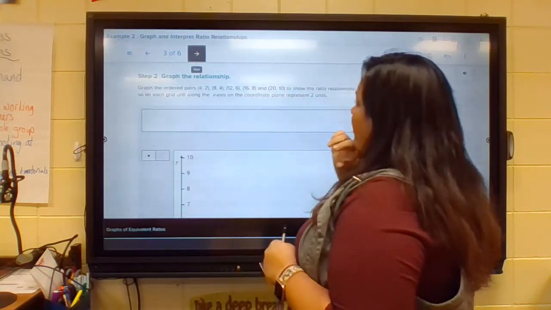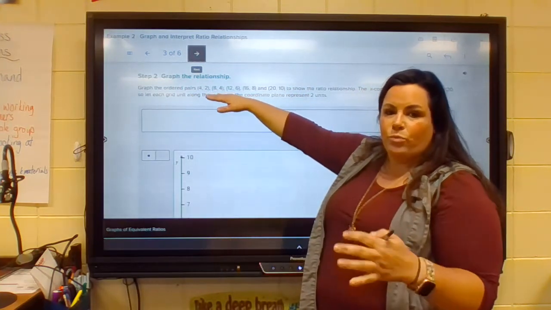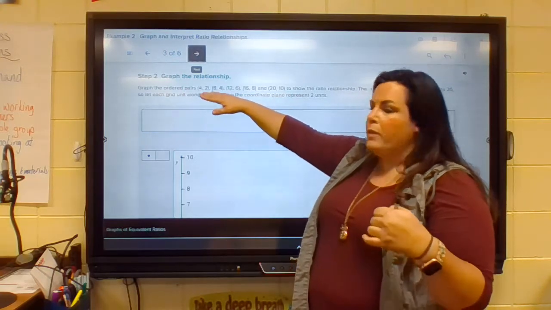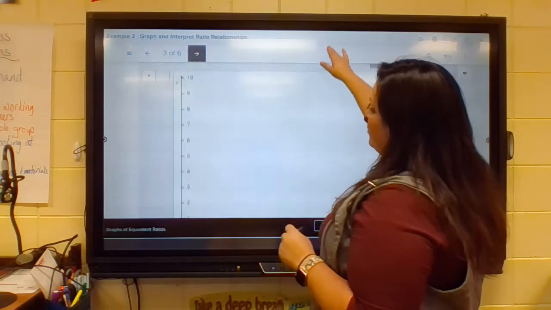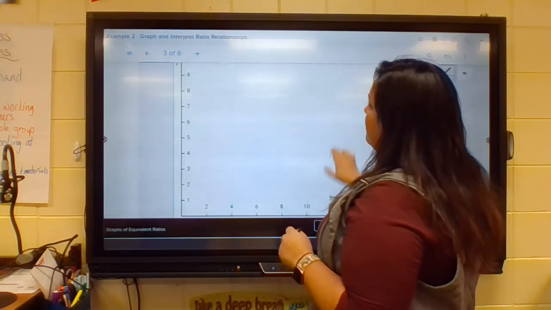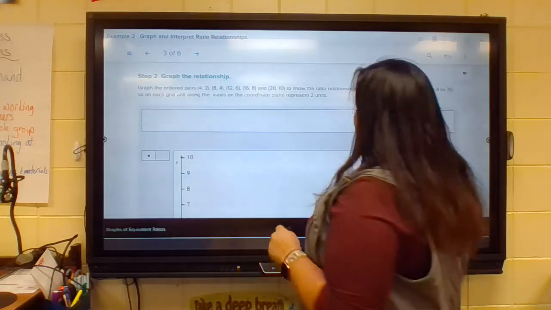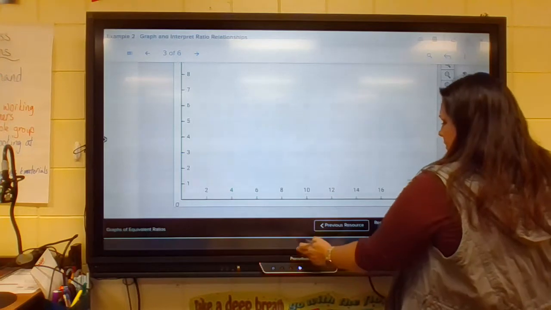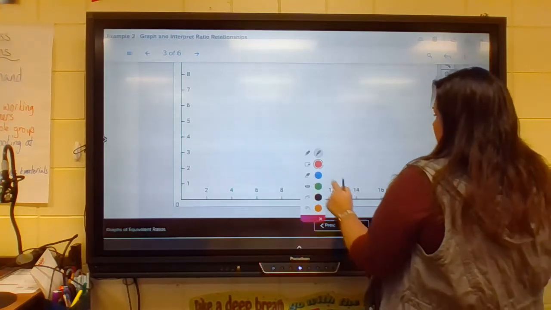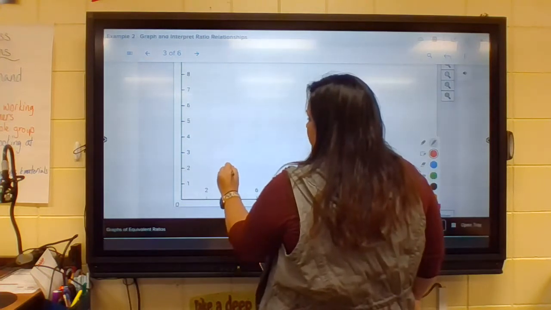Now we can go ahead and graph those. Using those ordered pairs that we just wrote from our table, we can graph it along our coordinate plane. So we start with, oops, let's go back. Here we go, 4, 2, and then 8, 4, right? I'm just going to use my pen because it's easier. So that 4, 2, that's my first point.